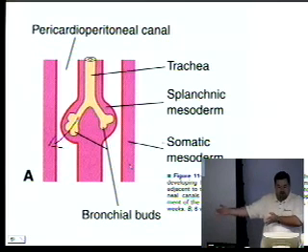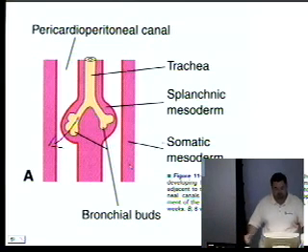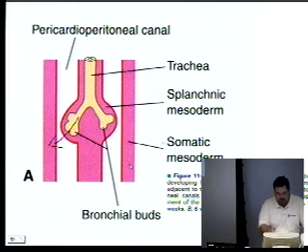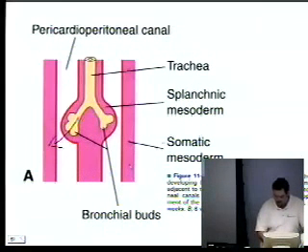This figure, I believe at this stage, should be labeled splanchnic mesenchyme. But to answer your question, they are basically the same thing. And so you do have two different origins for the visceral and parietal pleura, one coming from the splanchnic and one coming from the somatic mesenchyme.